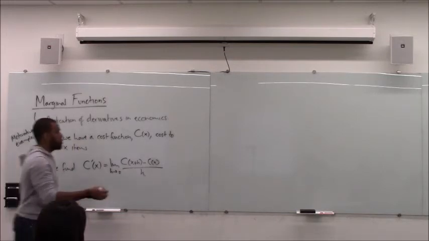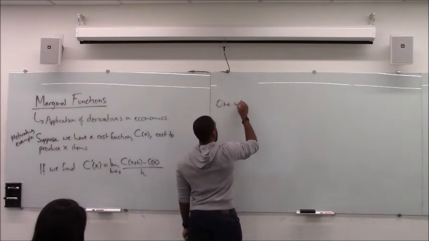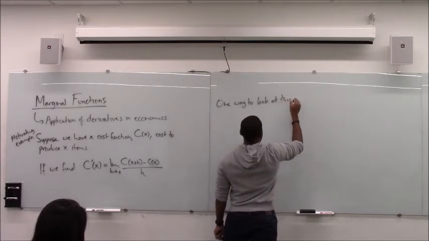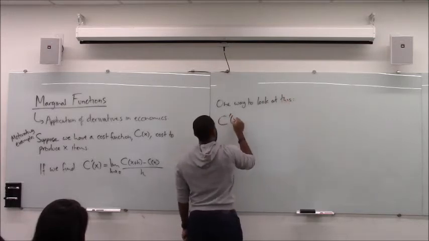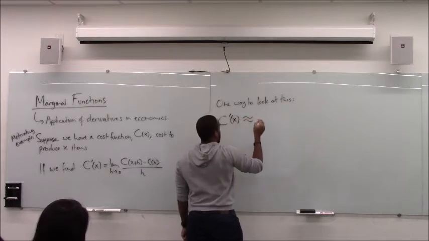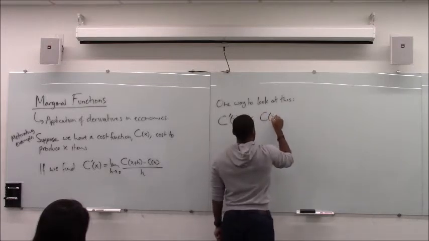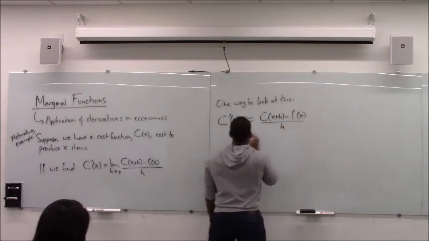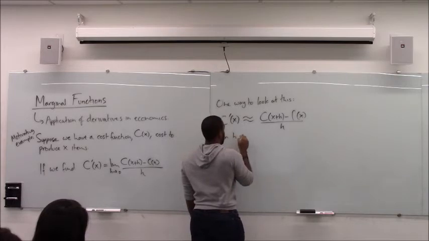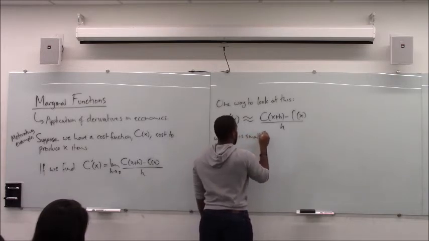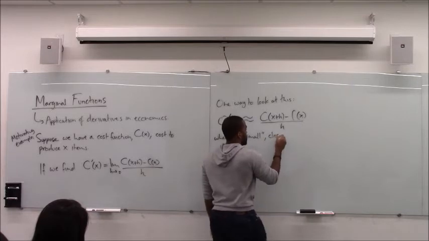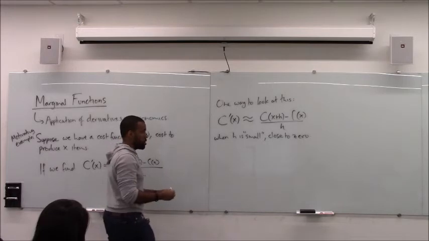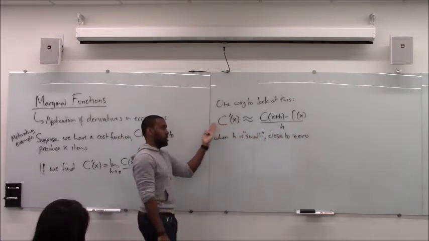So, one way to look at this is that your derivative is approximately the same as c of x plus h minus c of x all over h when h is small. Whatever that means, in some contexts, close to 0 is what we mean. So the closer your h gets to 0, the closer this expression will get to this expression.